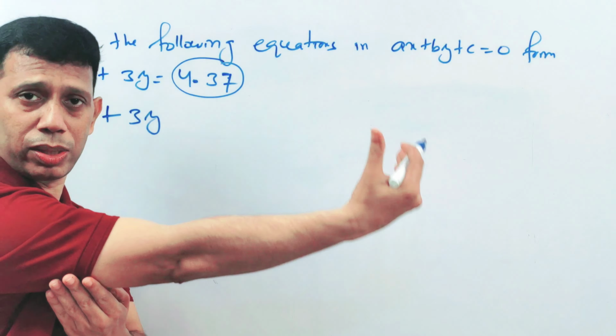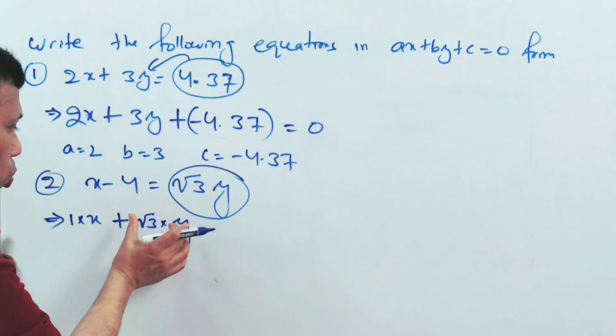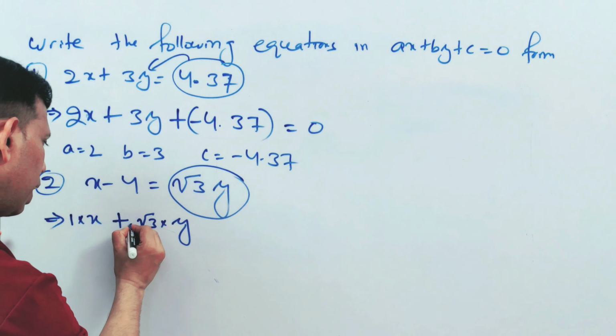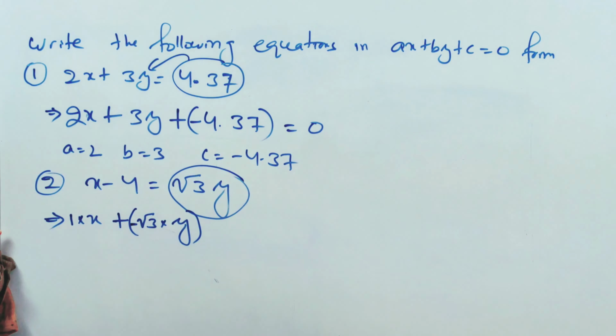The y term has a positive sign, so if we bring it to the LHS, it will be a negative sign. So minus root 3 into y, because we have changed the side, it will bear a minus symbol. Then minus 4 is there, so I write plus of minus 4 is equal to 0, because root 3 y has been brought to this side already.